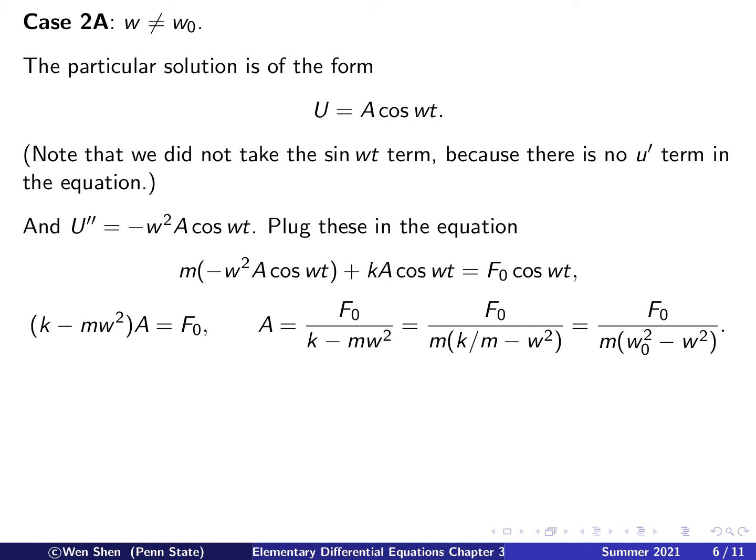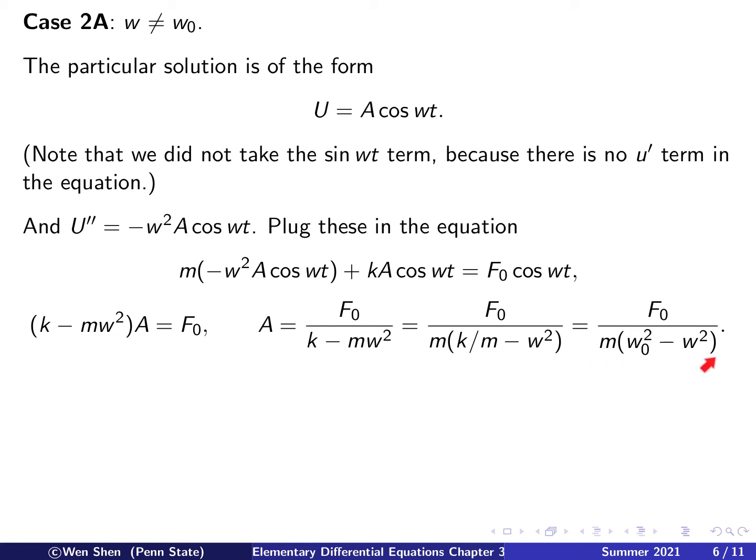Now I would like to manipulate this a little bit and write it in a different form. It will let us explain an interesting phenomenon. Now let's take out the term m and move it outside, and then we'll have k over m minus w squared. And remember, what is k over m? The square root of k over m is w naught. So this term is w naught squared.